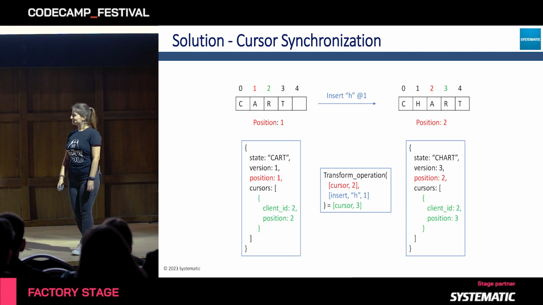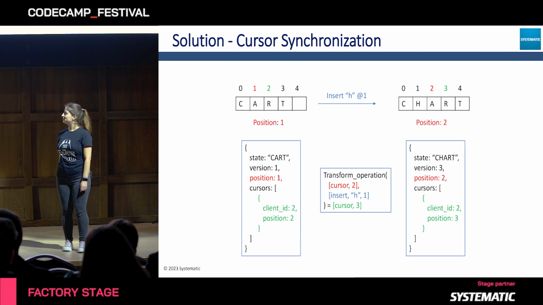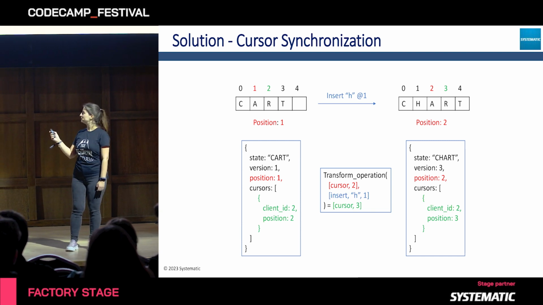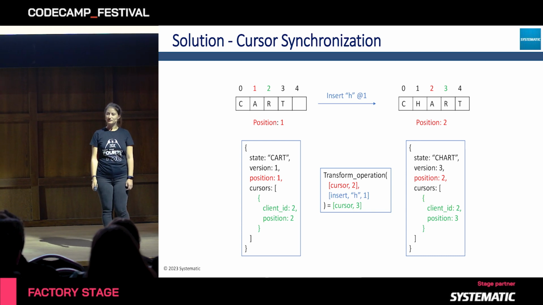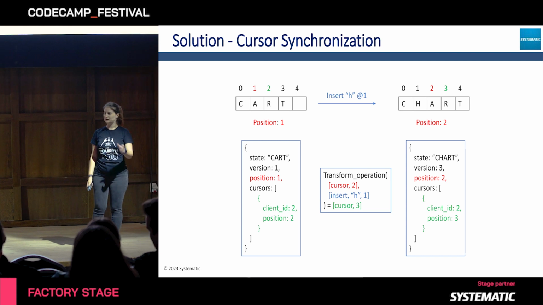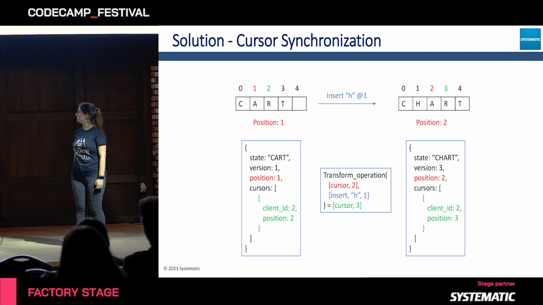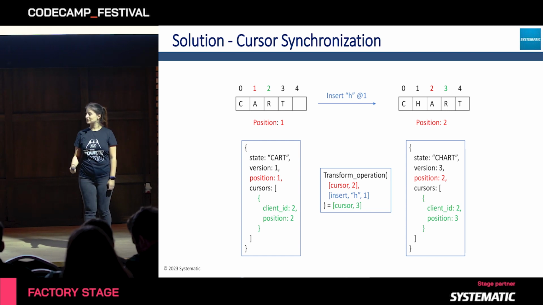So let's take that example we had earlier with cart. Let's say user 1 is represented with red and user 2 is represented with green. We have a JSON that looks like this. For the current user, we store his or her position there with red, and we have a cursors array where we store the position of the second user.